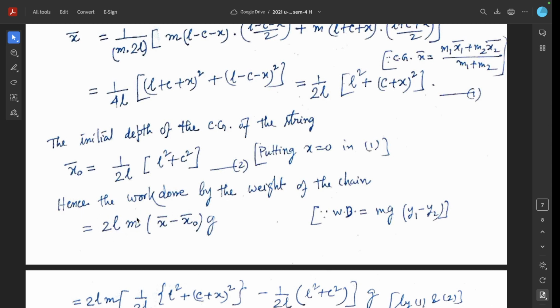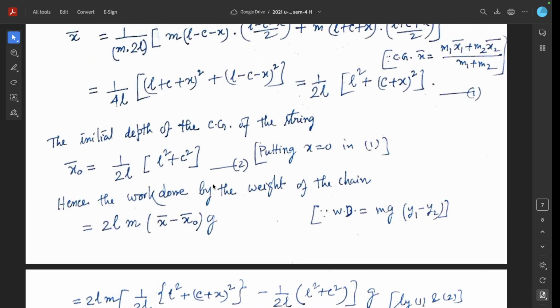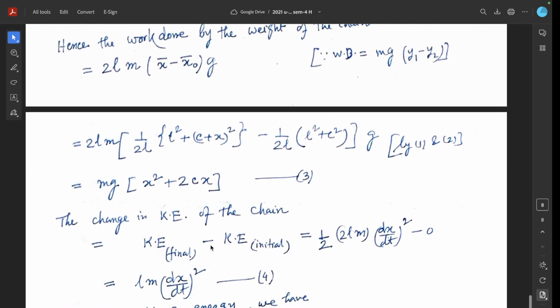The total mass is twice Lm, and y1 minus y2 is x bar minus x0 bar. Putting in the values of x bar and x0 bar from 1 and 2, after simplification we get mg times x square plus twice cx.